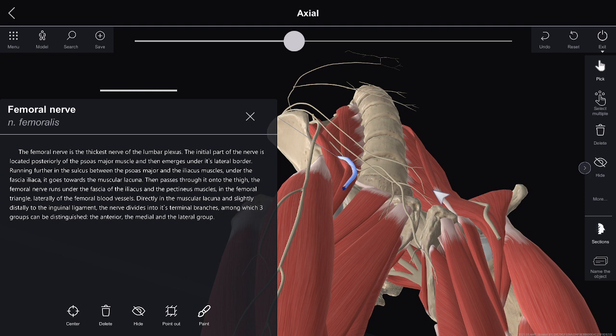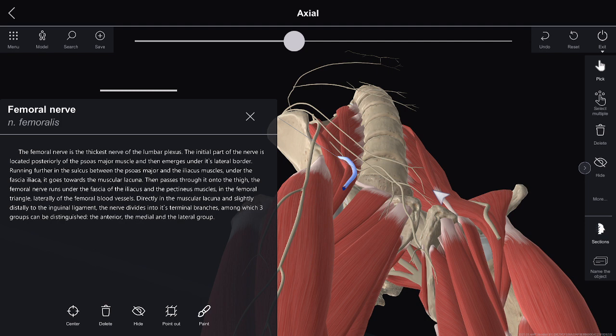This is ligamentum inguinale. It joins spina iliaca anterior superior and tuberculum pubicum.